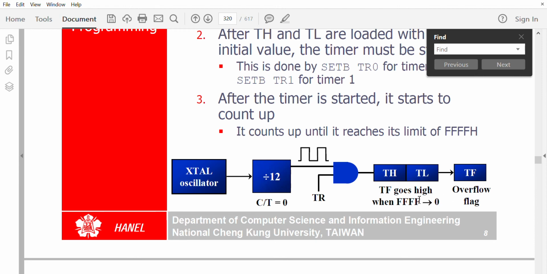So this is equivalent to a high to low pulse, FFFF to 0000. That is the maximum value possible for this particular counter, FFFF. One more clock pulse comes, the next value will be 0000. So you can say that it is a high to low pulse.